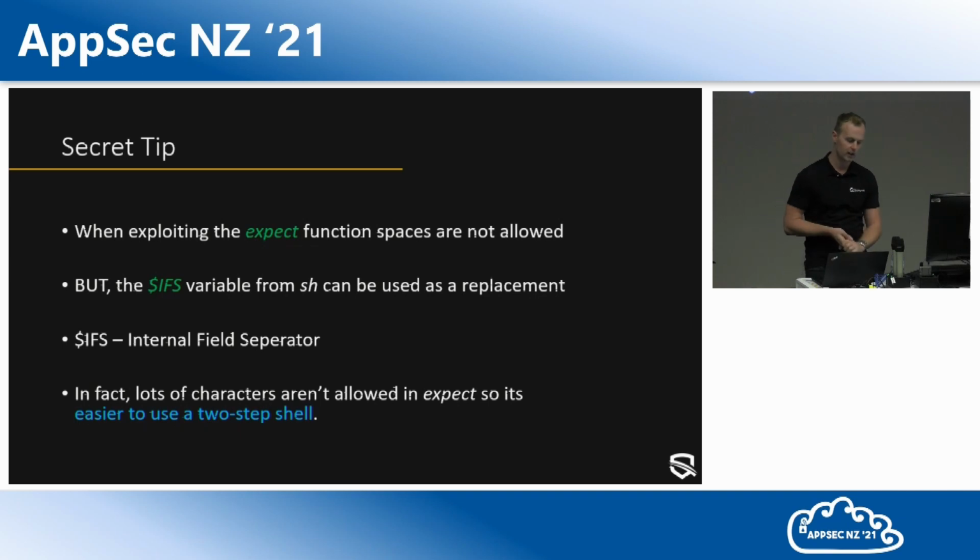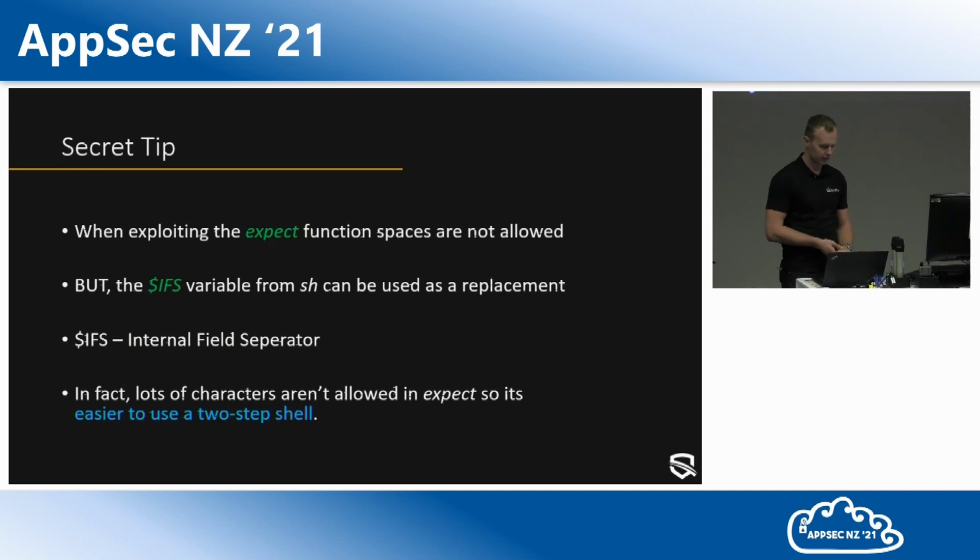Before we get into that, some background information. When you exploit the expect function, there's lots of stuff that you can't do, like lots of characters that you're not allowed to use that massively restrict your ability to run commands. The most noticeable of those being that you can't use the space character, which, if anyone's familiar with typing commands into a command line, almost all of them have spaces in them, which is super painful.